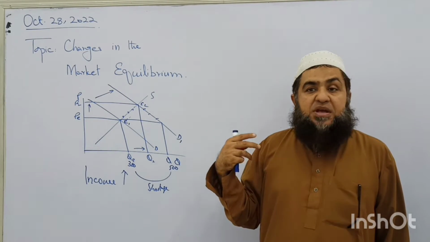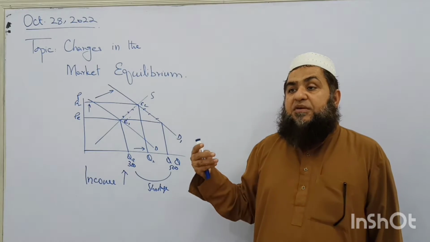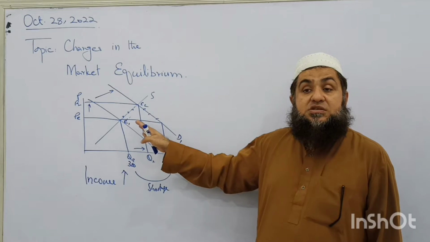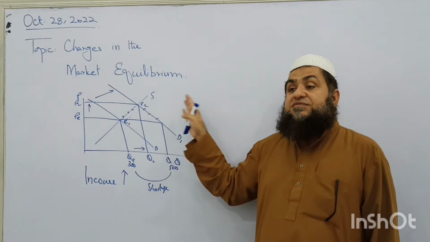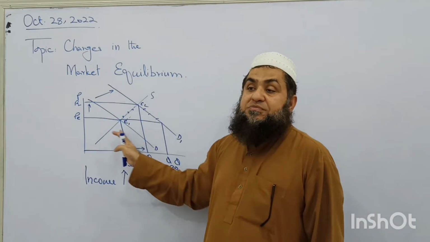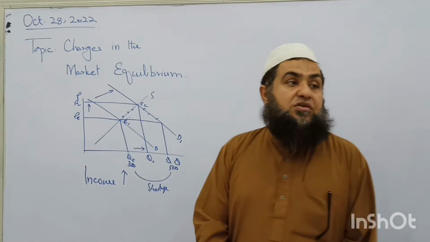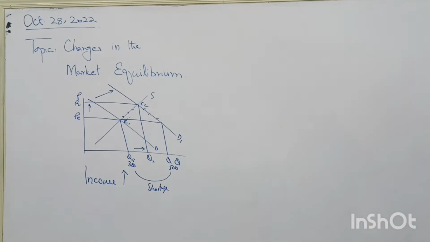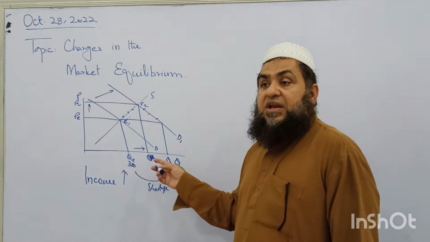Now weather is becoming favorable to have a cup of tea or coffee in the afternoon. In that case, demand of coffee will shift rightward, and we can see both quantity and price of coffee increasing in the market of coffee. Clear? So any factor other than the price of the product which causes a rightward shift of the demand curve will increase equilibrium price and equilibrium quantity.